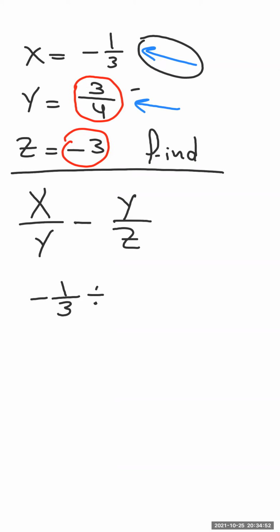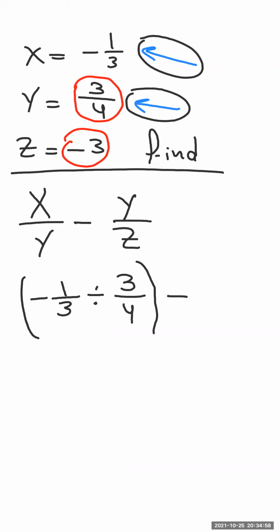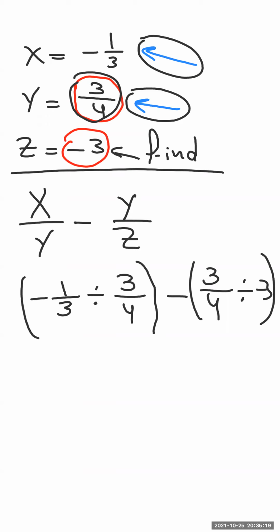So y is 3 over 4. Minus, don't forget to group this process between two brackets. Then the next fraction, y over z. Y is 3 over 4, over z means divided by z, which is -3. And also two brackets. Don't forget that.